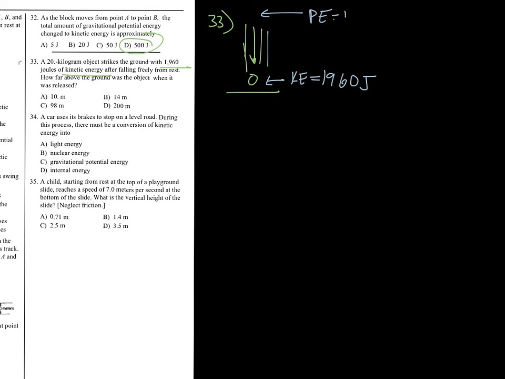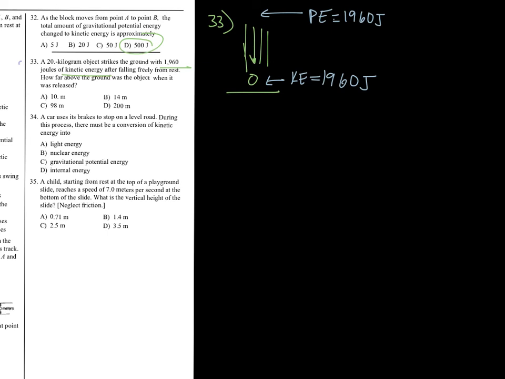Now number 33, another conservation of energy problem. Here it tells us that an object strikes the ground. It's falling, just about to hit the ground, and so its kinetic energy down here is 1960 joules. Know that up here at the top where it started should be its max potential energy, which should also equal the same thing due to conservation of energy.